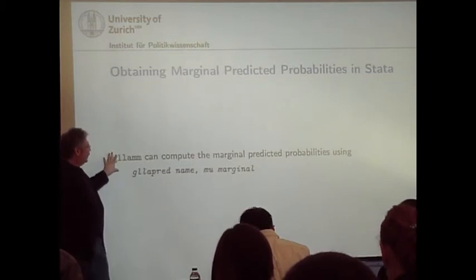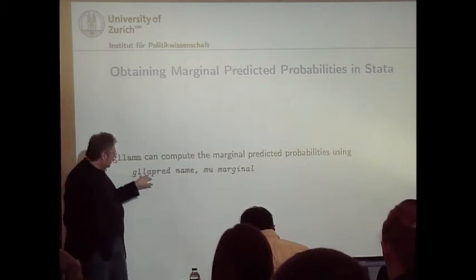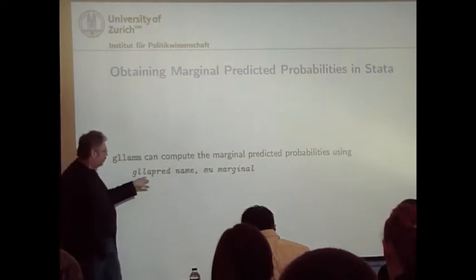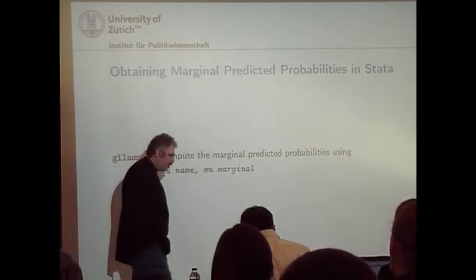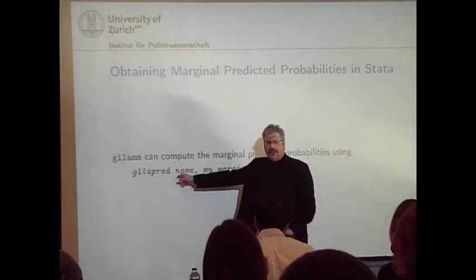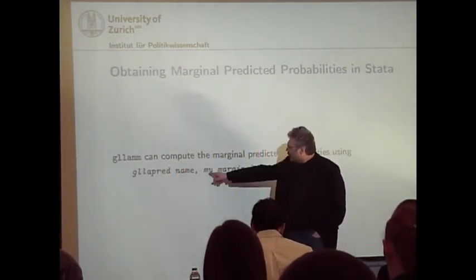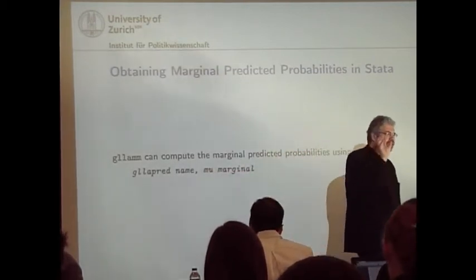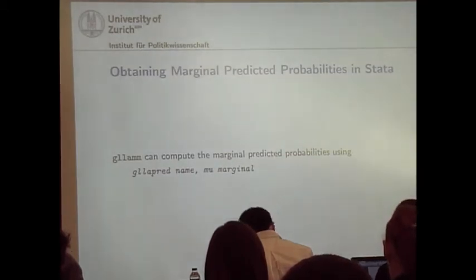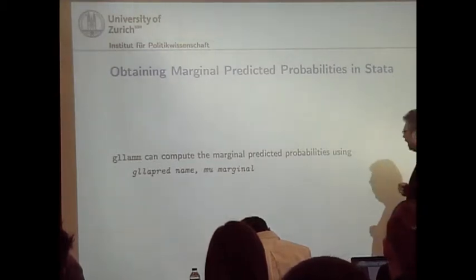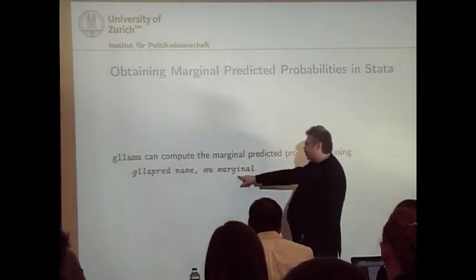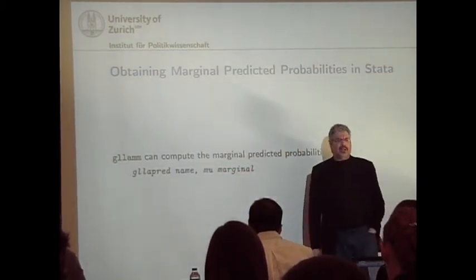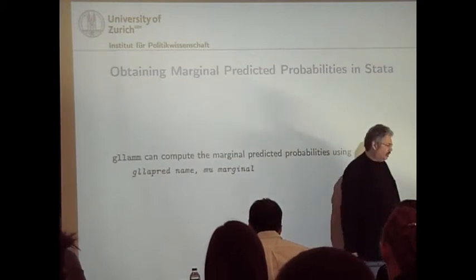So in gllamm, what you would do is type gllapred, that's the command for getting predicted quantities after you've done the estimation, give it a name, and then mu, because you're in a sense asking for the mean of the dependent variable, which for a binomial distribution happens to be the probability of scoring 1. And then, importantly, you have to type marginal to obtain this marginal predicted probability.